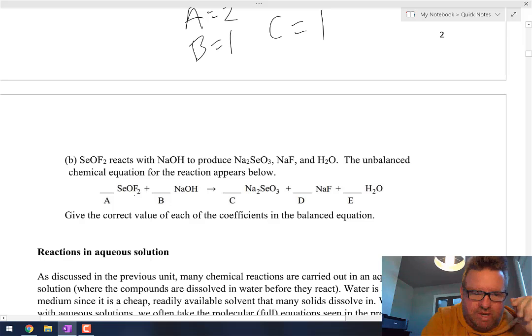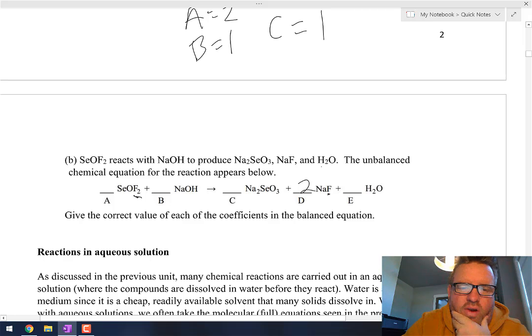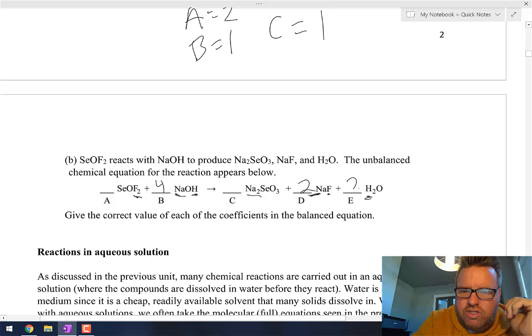But here I do see 2 fluorines. Here I only see 1 fluorine, so I need to put a 2 right there. Okay, and then in terms of sodium, I see 1 sodium here. On the right-hand side, I see 4 sodiums. So I need a 4 right there. Oxygen, again, I'm not worried about oxygen. 4 hydrogens. Here I only see 2 hydrogens, so I'm going to put a 2 right there.